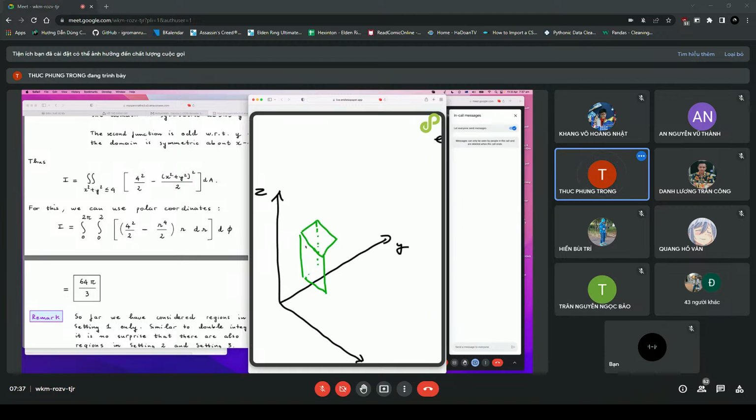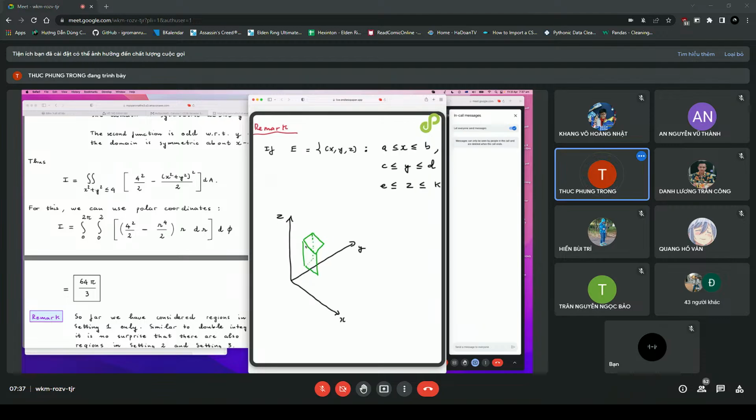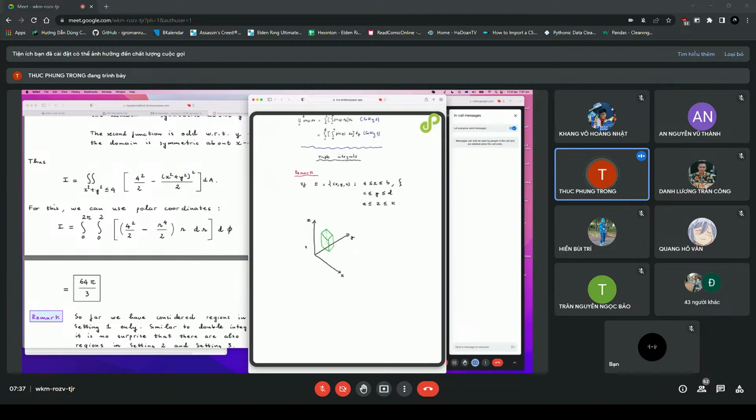Assume that you have a, b right here, c, d, and right here you have e, k. This is a rectangular solid, or you can say rectangular parts.